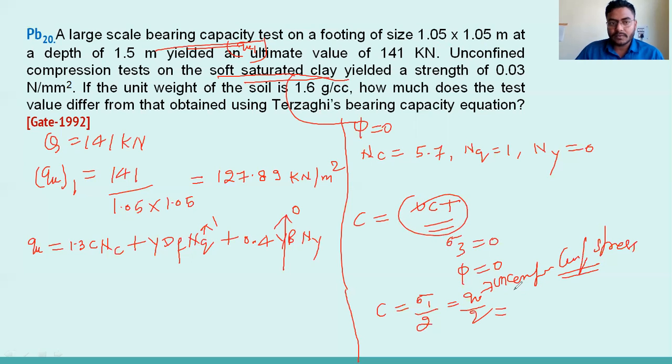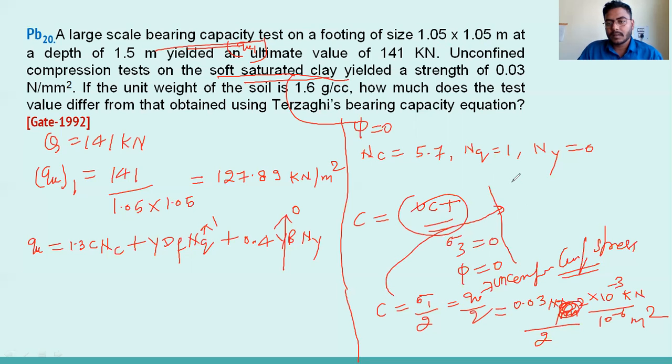So we have 0.03 Newton per mm square. First convert this value into kilonewton per meter square. The bottom side is mm square, so we can convert like this. We get 30 divided by 2, so we get c equal to 15 kilonewton per meter square.